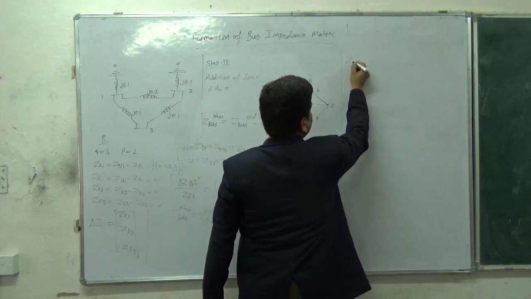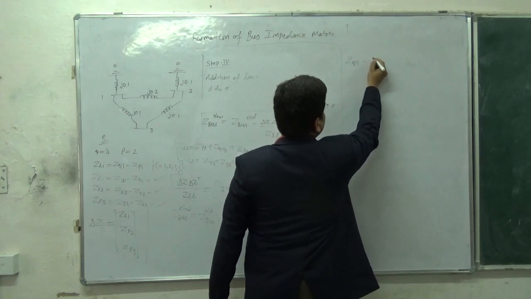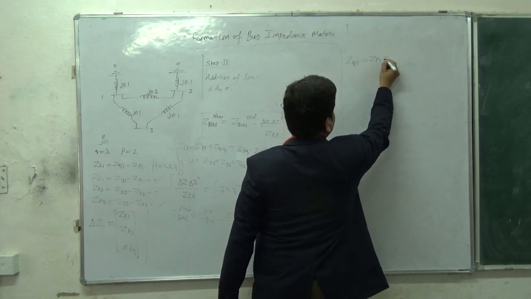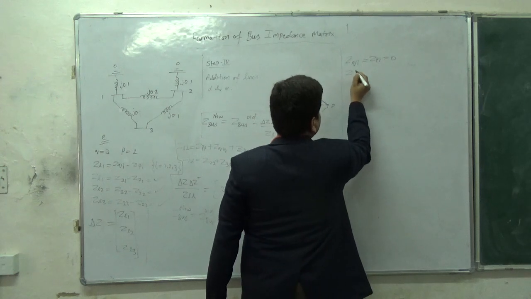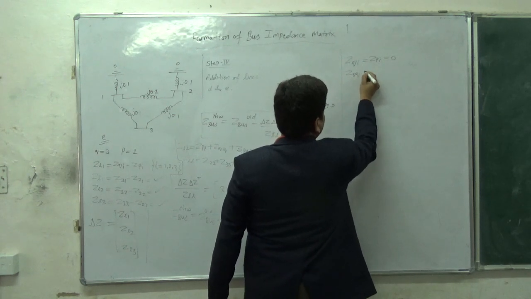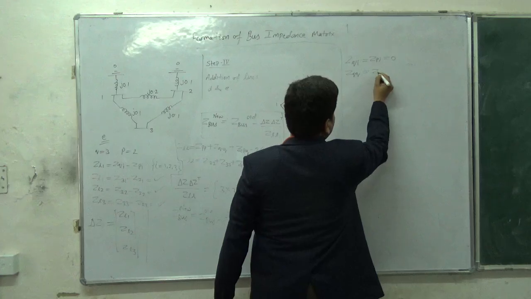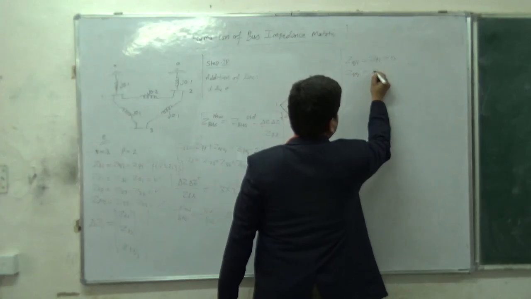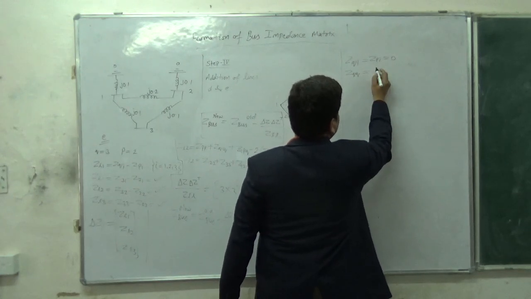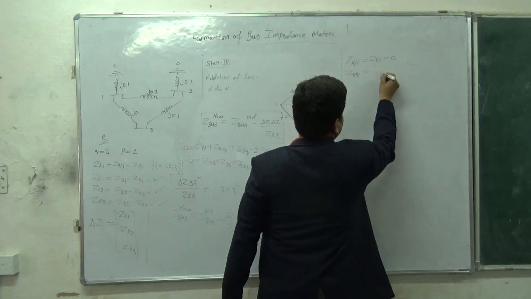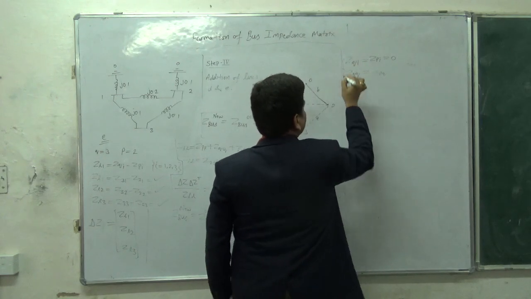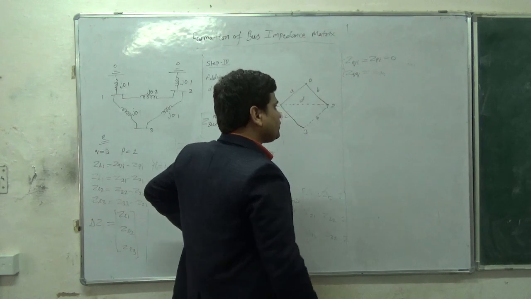So ZQI is equal to ZPI is equal to 0. This is off diagonal. ZQQ is equal to small zPQ. This is for the branches which are directly connected to reference node.